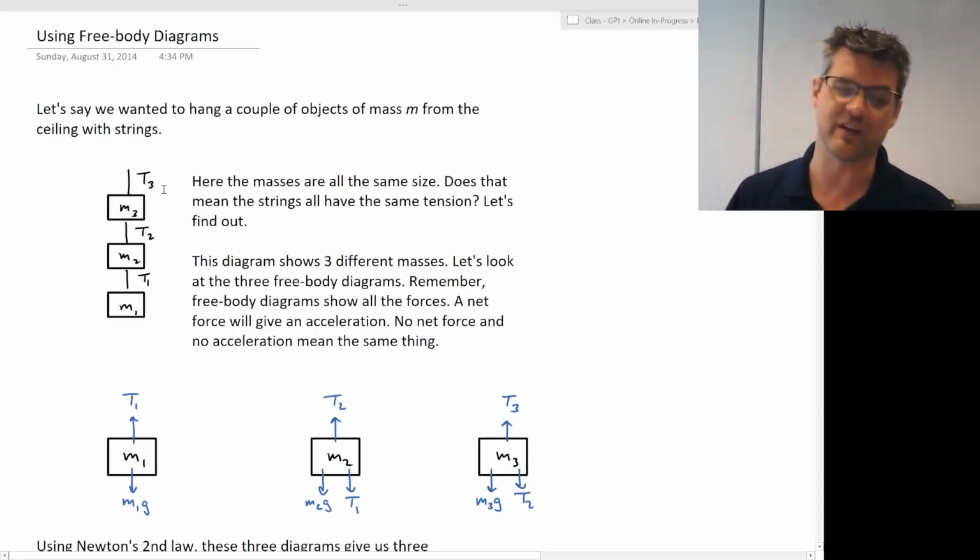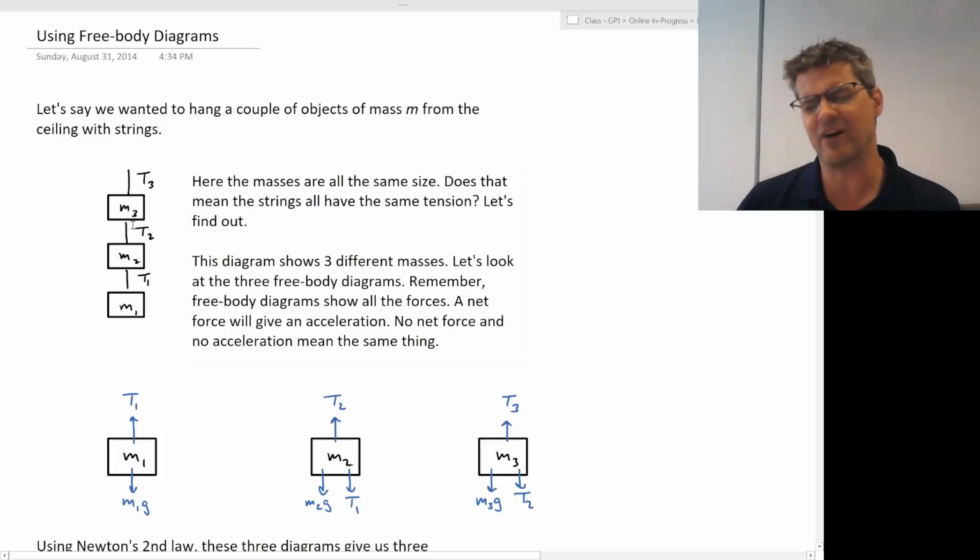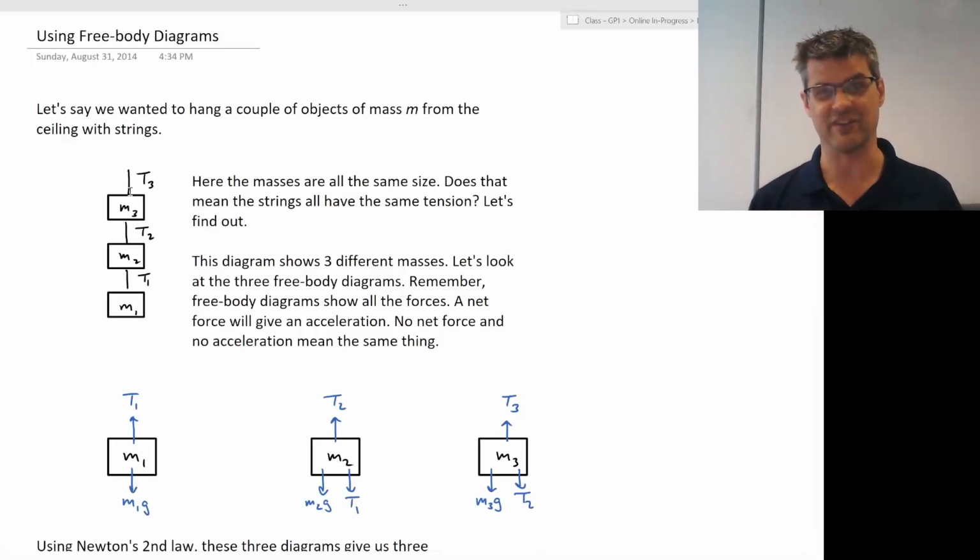And maybe all of these masses, M1, M2, and M3, are the same. One thing that we could look at is, if all of these masses are the same, are all of these tensions the same? And for us to determine this, we actually have to look at the free body diagram.